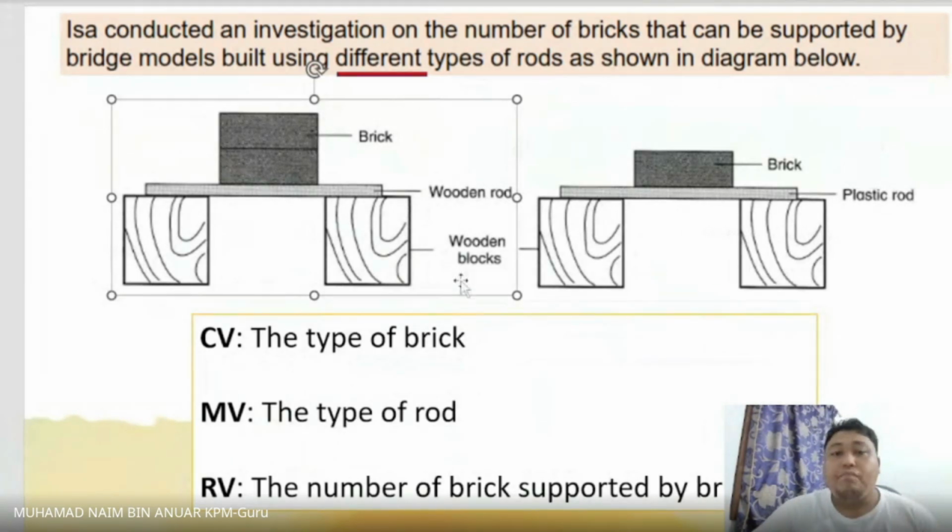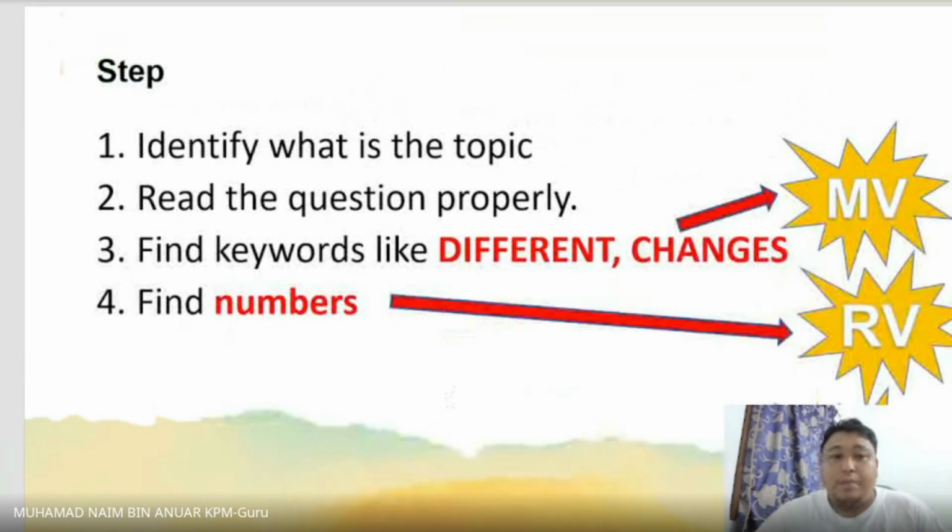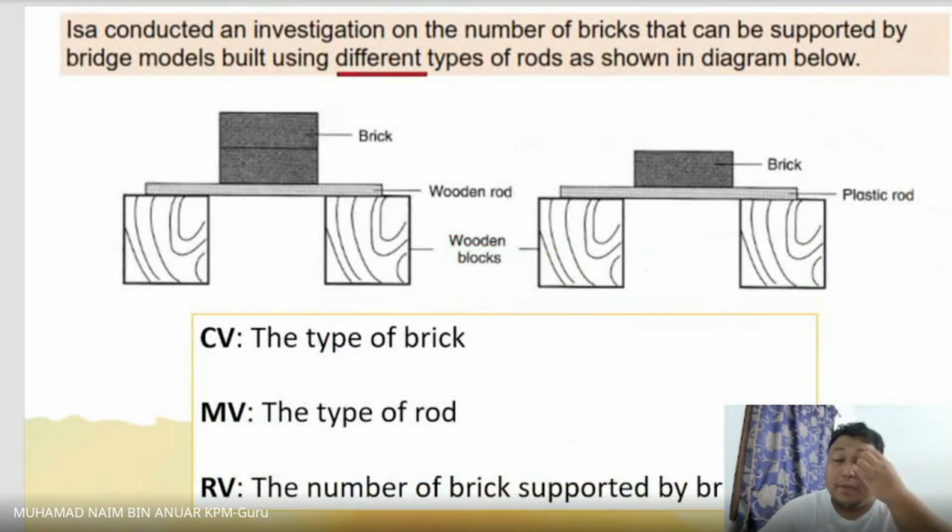Now, let's go to the next one. What is step number 4? Step number 4, find numbers. Okay, let's see. They don't have numbers here, but you can see a few things different.